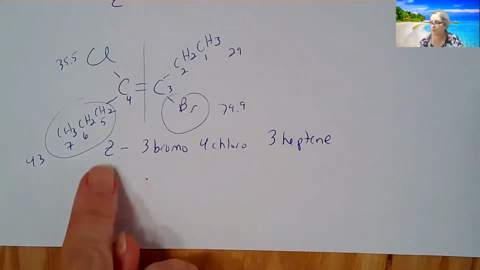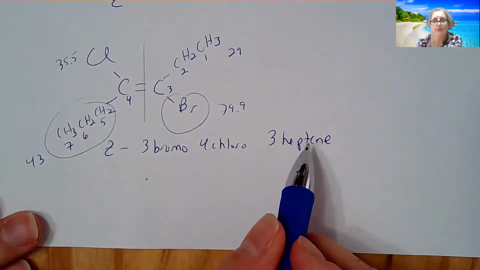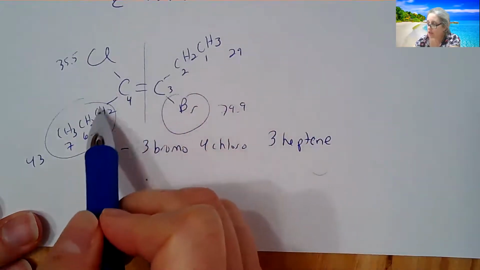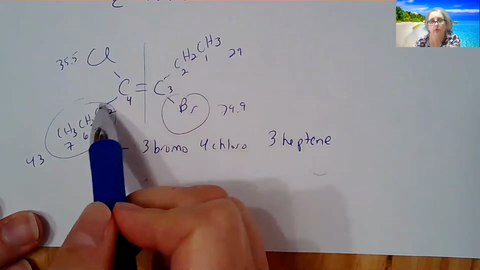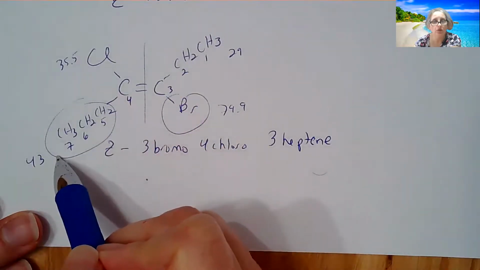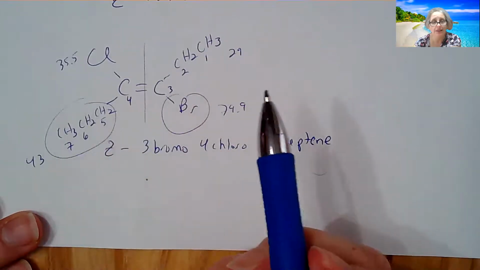So the name is Z-3-bromo-4-chloro-3-heptene. Again, the longest chain is going to be all of these carbons. Even if I draw it funny, these are still the longest chain of 7, and you number them so that you know it's not a branch.